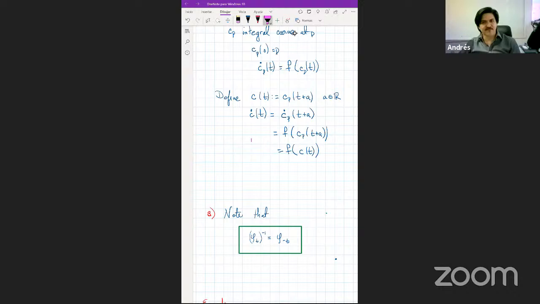We know what the inverse is. Right? Now, this is the other subtlety that we need to address. Remember that phi t.